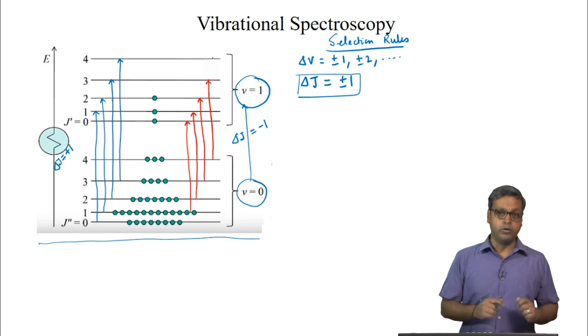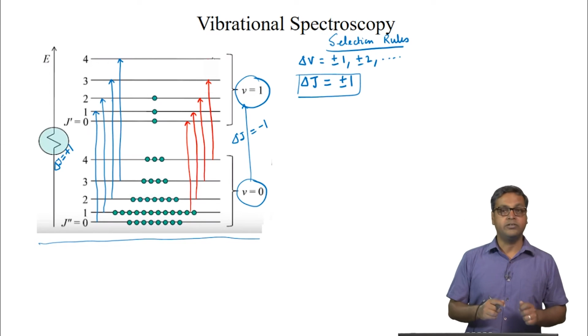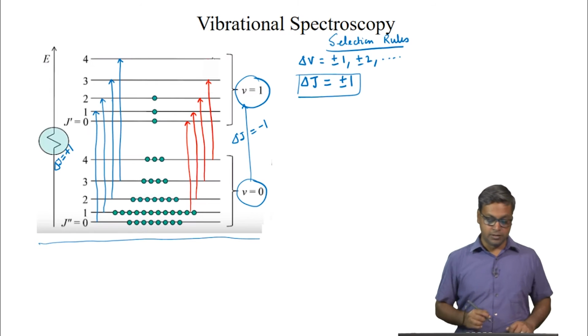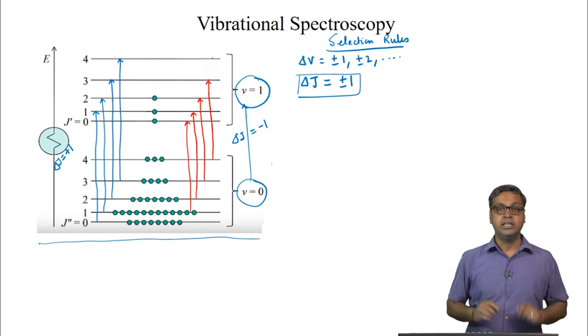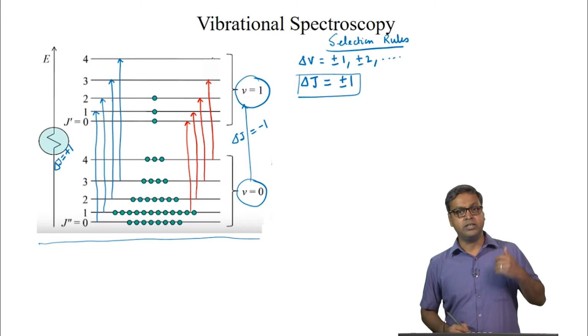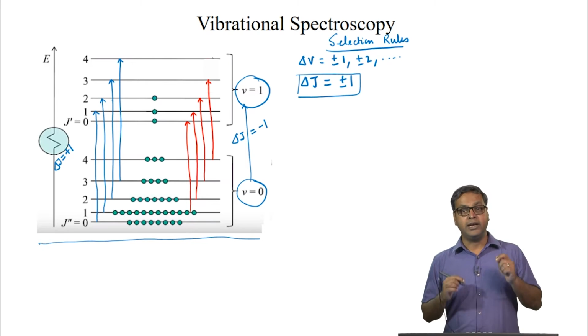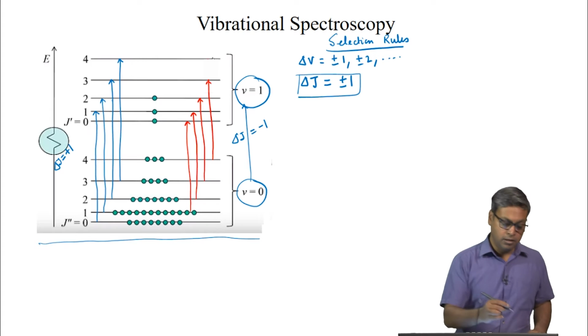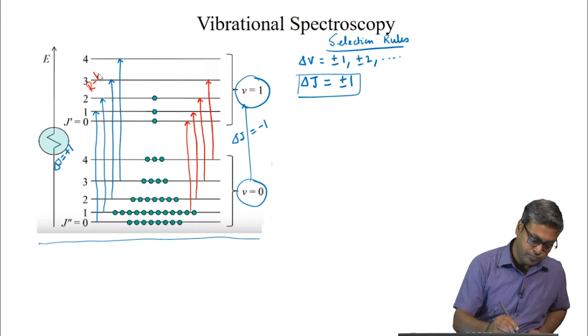So, in the blue transitions, J is increased by 1 and in the red transitions, as shown in the figure, J is decreased by 1. So, when J is increased by 1, we identify these transitions as the R branch.